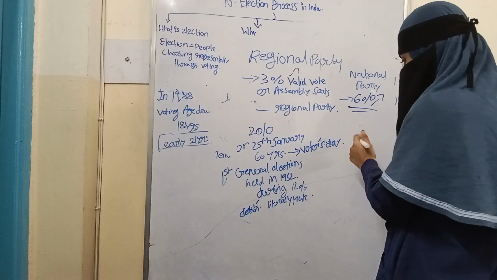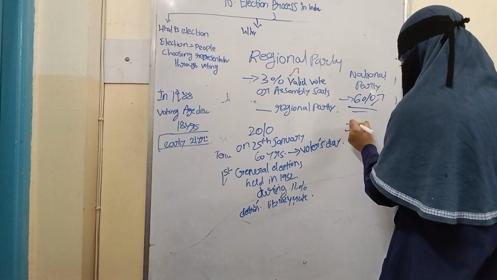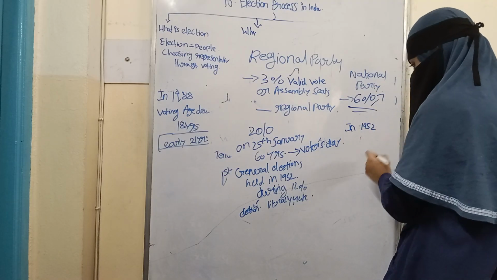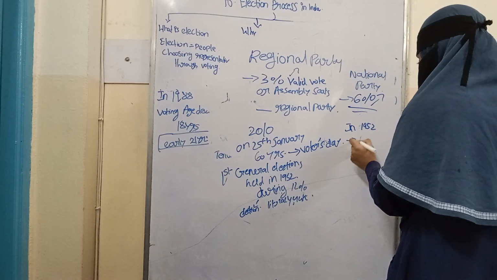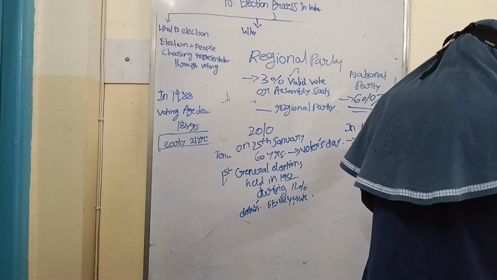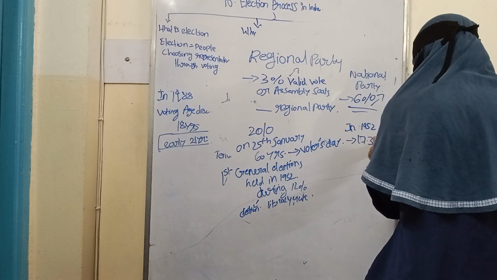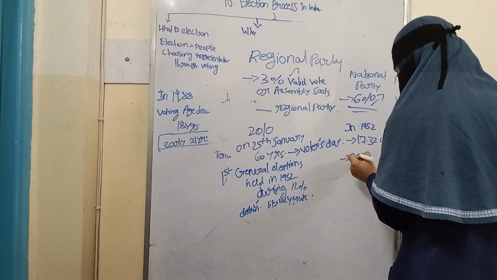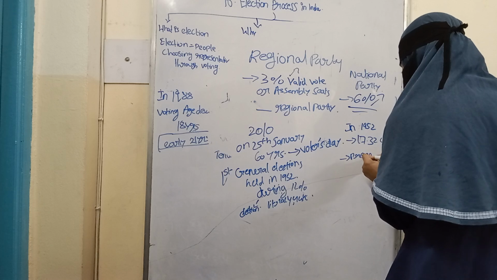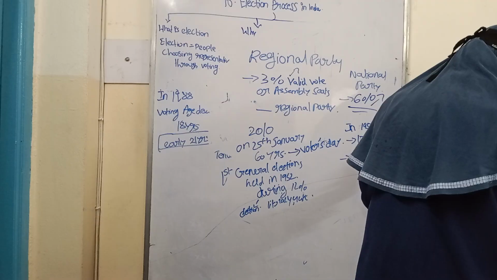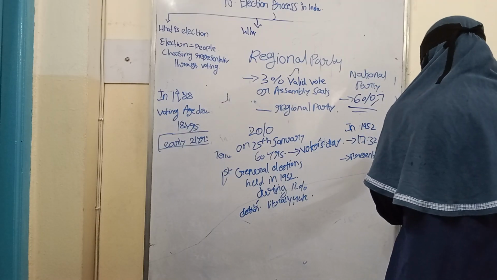In the year 1952, the population of the voters was 70.3 crores, and at present it is 98.40 crores.